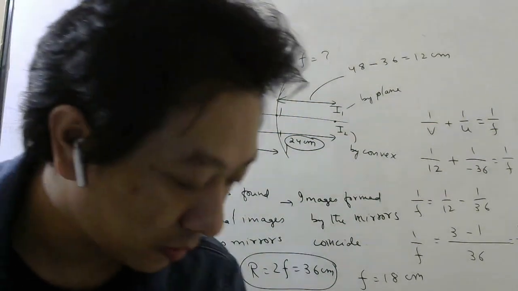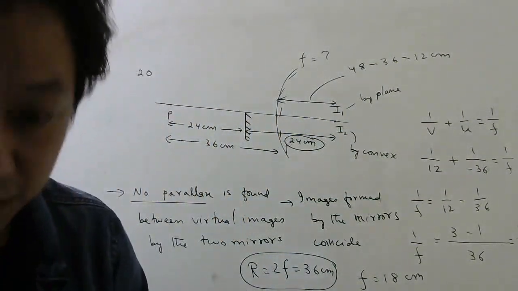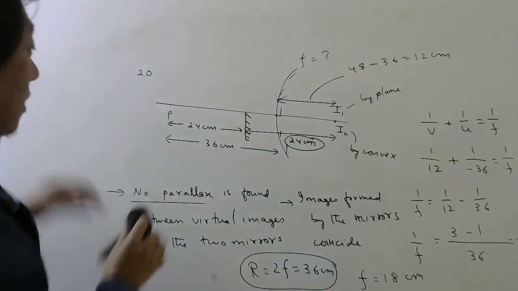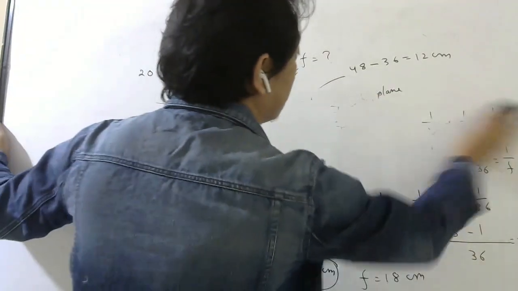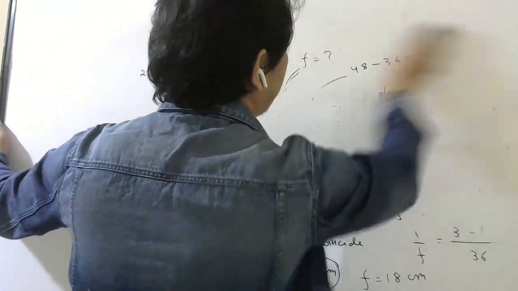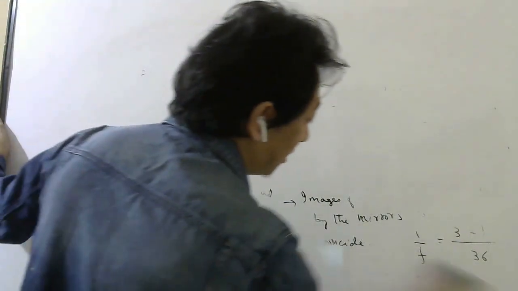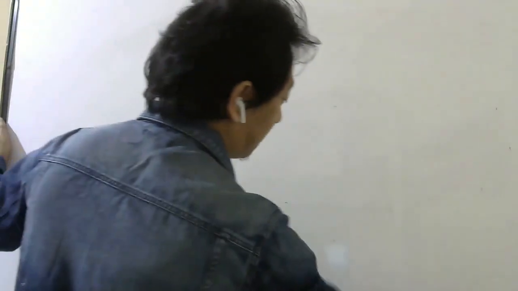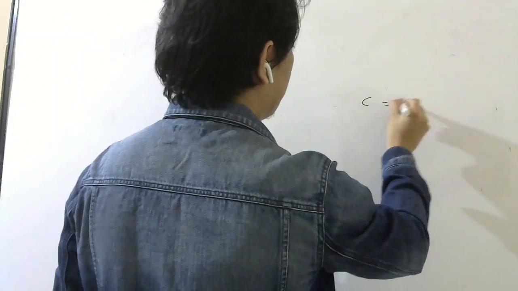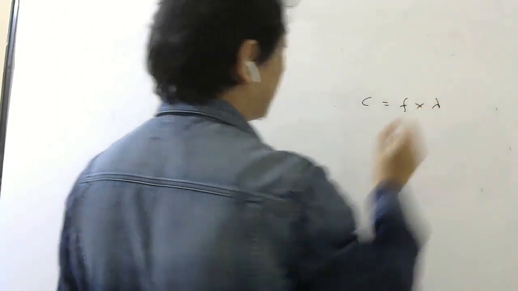Okay. For question 21, we should remember, I told you that when light goes from one medium to another medium, which property of the light does not change? Frequency does not change. But velocity, we all know, changes. Therefore, wavelength also has to change, because velocity is frequency into wavelength.